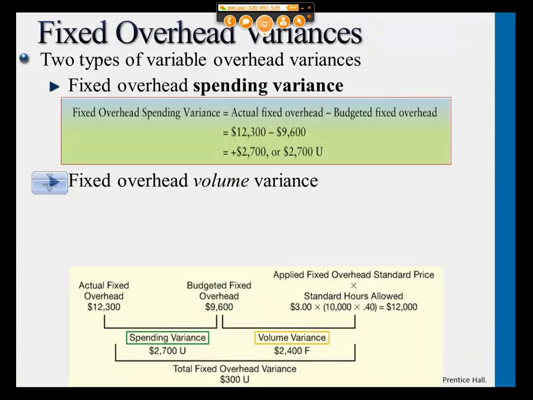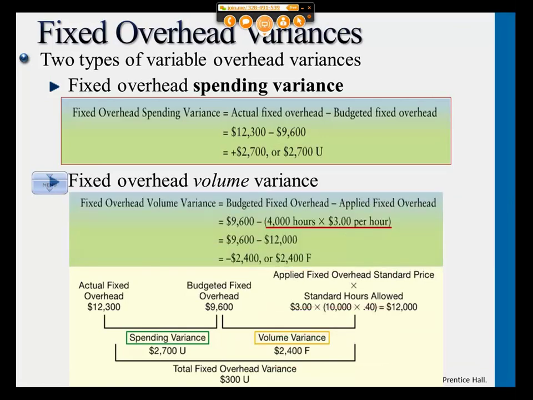All right, so let's look at fixed overhead variances. What do we do here? Okay, so again, we have two types of fixed overhead variances. The first one is fixed overhead spending variance, and then again the volume variance. Similar to quantity, right? So what do we calculate here?